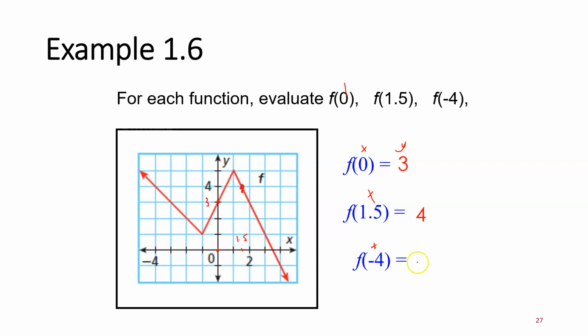Okay, and then for x equal to -4, let's see, here is -4, you will get a y value over here which is also 4. So you have the output, also the y value, or the range, we call range. This is all your x value or input or domain.